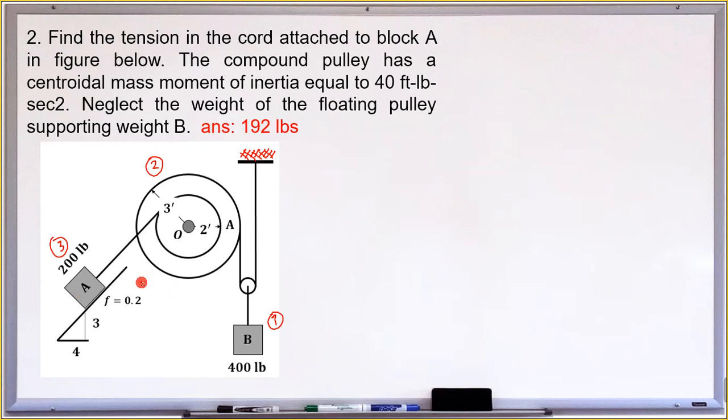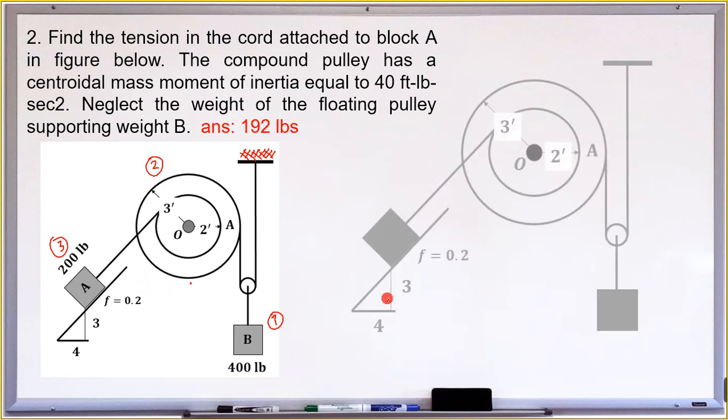After defining the objects in our system, let's proceed to the creation of its FBD. This is very important. I enlarged this system and blurred the color so that the interacting forces are emphasized. Let's start with block B. Obviously, it has its weight downward, 400 pounds.